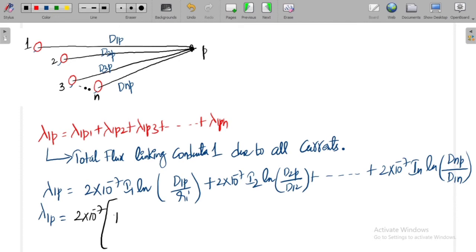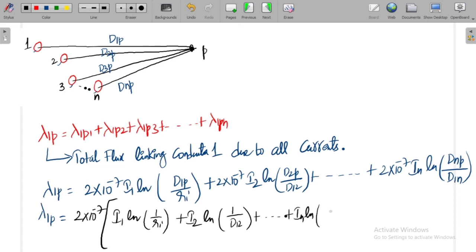Let us do some mathematics here. So I am taking 2 into 10 power minus 7 as common. So I1 into ln of 1 by r1 dash. Just I am writing the denominators separately by using the technique that ln of a by b can be written as ln a minus ln b. So I am first writing the denominator terms separately: ln of 1 by r1 dash, ln of 1 by d12, ln of 1 by d1n. Then I am now writing the numerators separately.